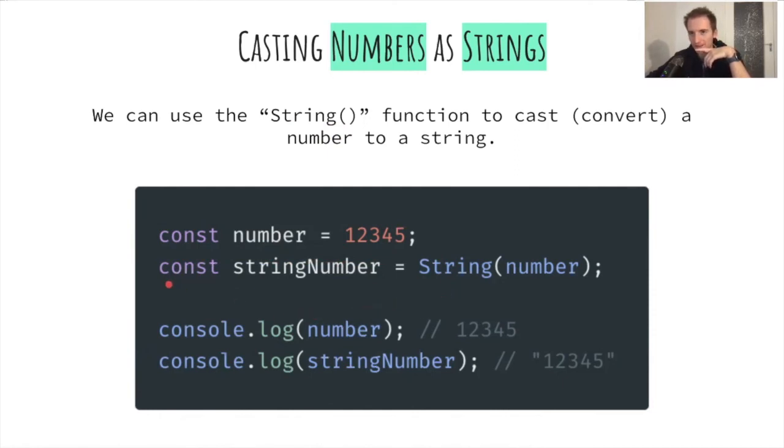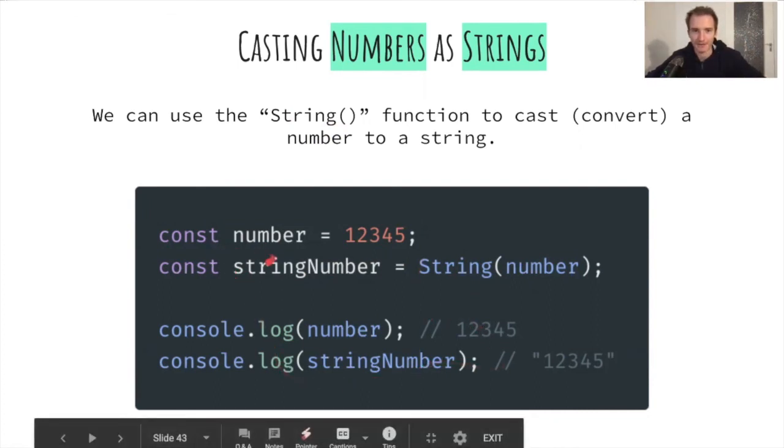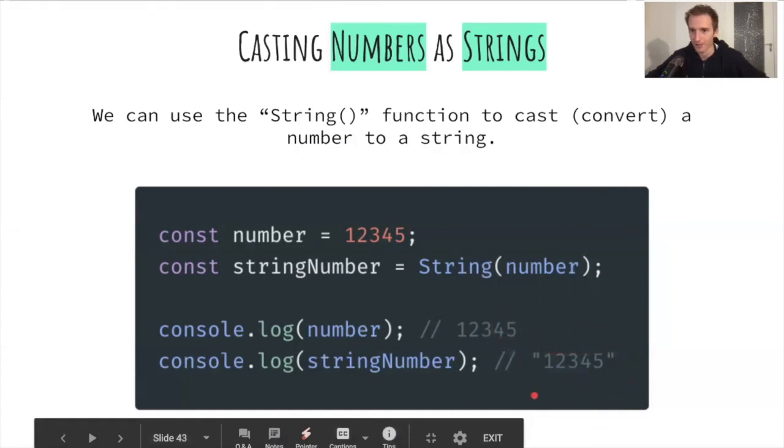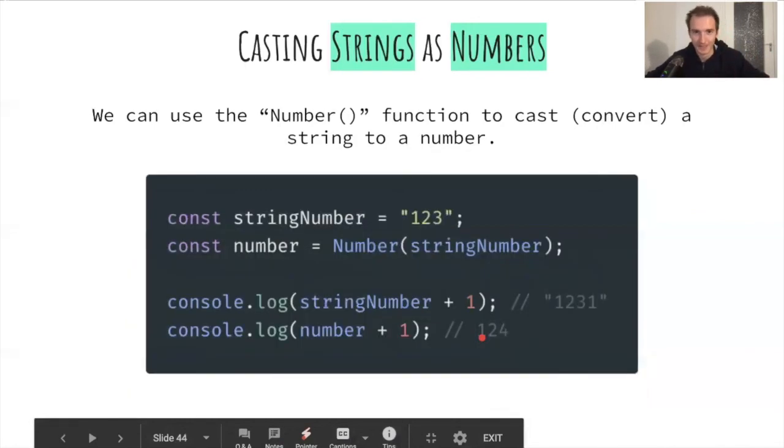We can create a string representation of that number by passing that number into this capital S String function that we have. And console logging the string number here, we can see this number is encapsulated in quotation marks. So our browser is going to treat this totally differently. This is just a string of characters now, and this one is an actual number.